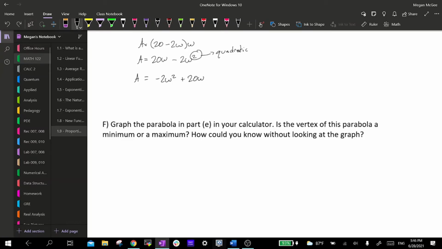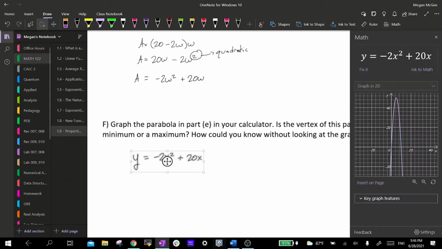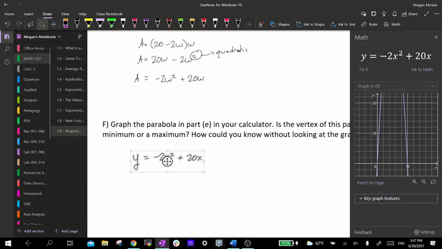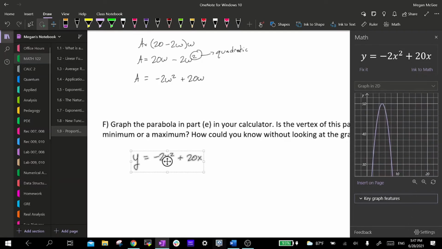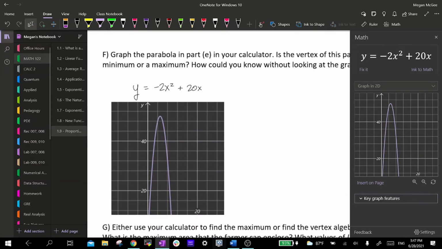For graphing purposes, I'm going to say y is equal to negative 2x squared plus 20x. And we'll see if it can graph this one for us. There we go. So sure enough, that looks like a parabola, doesn't it? Let's go ahead and insert this on the page.